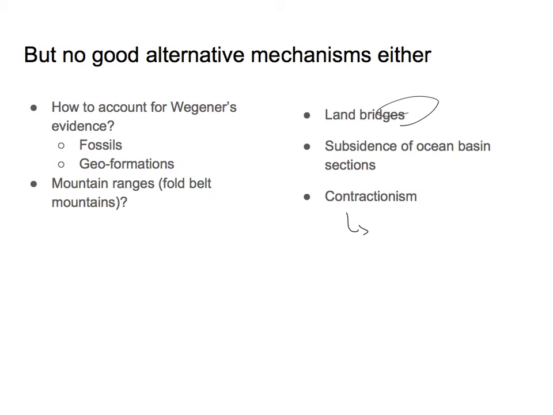Very similar to Lowell's ideas about mountains on Mars, Allie, what we talked about last time. Basically, the wrinkling of that crust as the planet shrinks is perhaps what's responsible for the mountain ranges. And maybe that's also responsible for land bridges at one point, which later disappeared because they were destroyed. But it's not really very satisfying either.